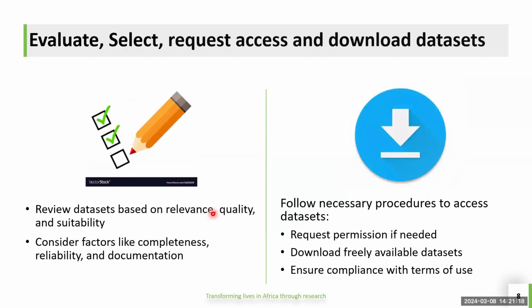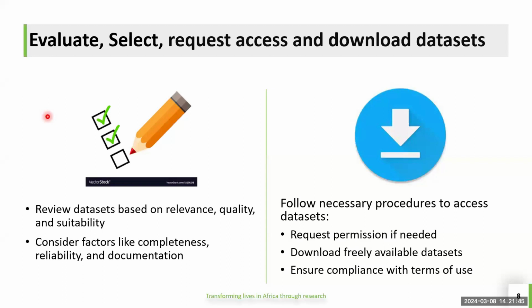And then for each data set, you want to evaluate, select what you think is relevant for you, request access if needed, and then you get hold of the data. So review the data sets based on relevance. Is it really touching on the things that you're interested in? What's the quality of the data?